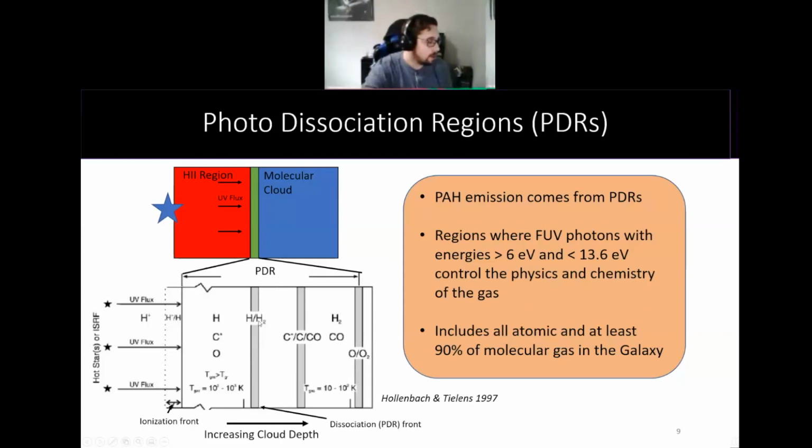Going in further, you have the transition from atomic to molecular hydrogen, and furthermore into further depths, the transition between ionized carbon and molecular carbon monoxide. And finally, the PDR ends at the transition between atomic and molecular oxygen, at which point you move into the molecular cloud domain. So typically when we talk about PAH emission, we're talking about PAH emission coming from PDRs.